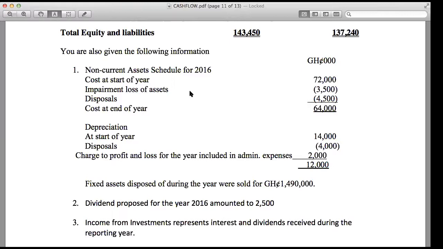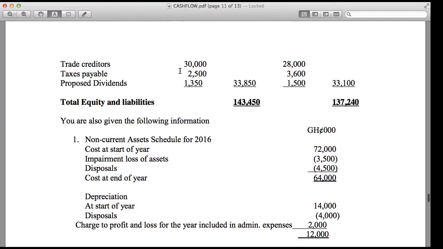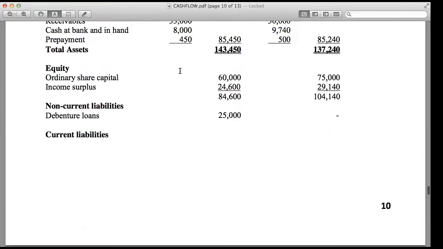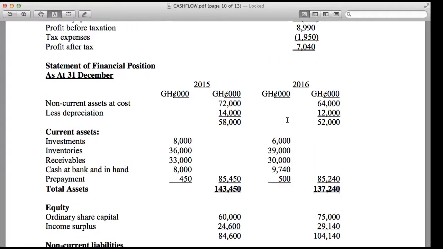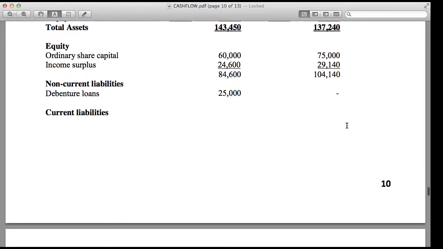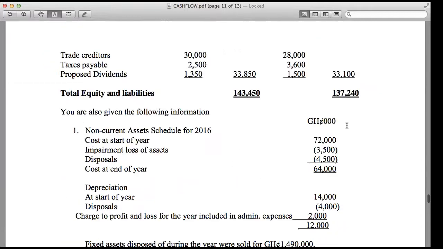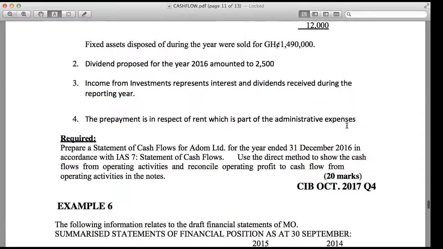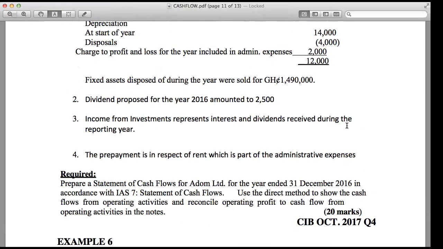So when we take this from the cost of 64, ideally we should get a carrying amount of 52,000. So it means that when you go to the financial position for the current year, you get a non-current asset of 52,000. Yes, that's the 52,000. Good. So in exams, the examiner can just show off the carrying amount. Good.